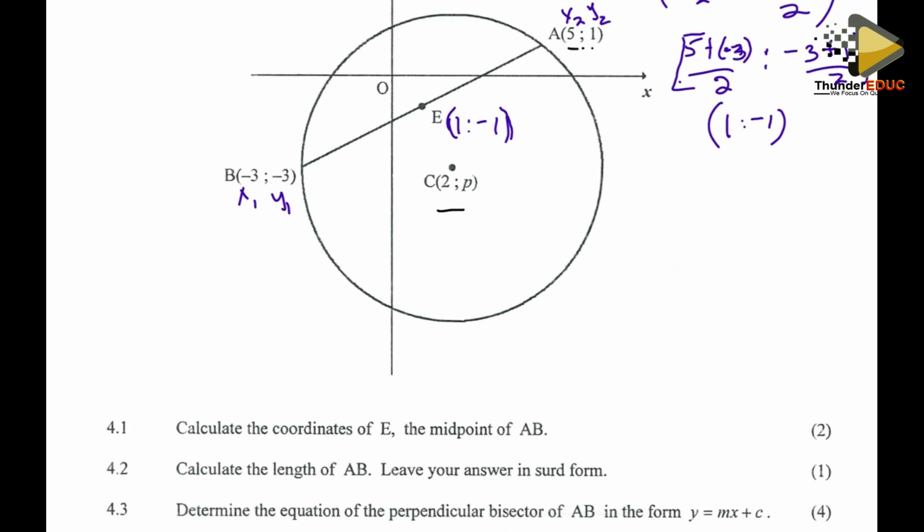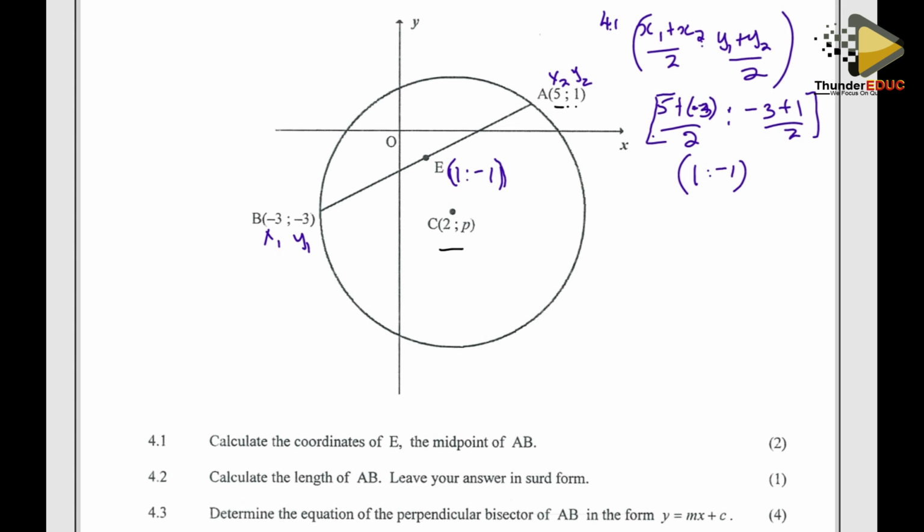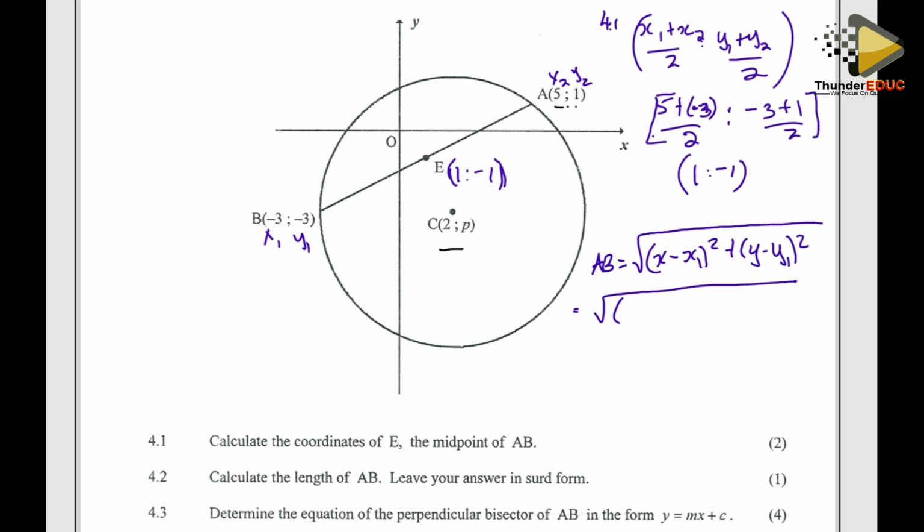Then the next question: calculate the length of AB. So AB, the total distance of that chord. We can use the distance formula, whereby AB is going to be the square root of (x minus x1) squared plus (y minus y1) squared. Why is it 1 mark? Is it a straightforward question? Okay, 5 minus -3 squared plus 1 minus -3 squared.